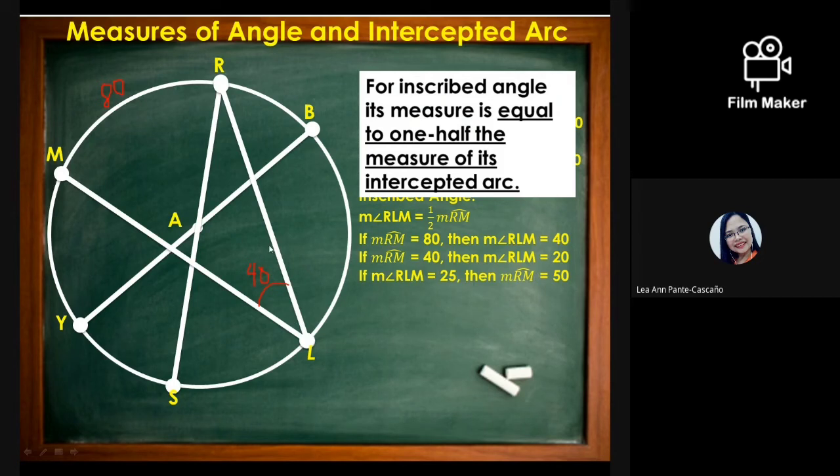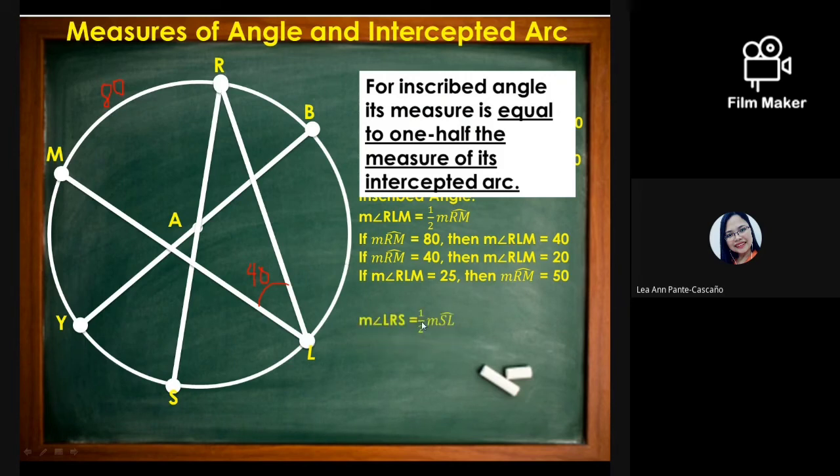Therefore, if this is 10, the arc is 20. If this is 25, this one is 50. If this is 100, this is 200. Okay po? Kung baliktad naman, kung yung angle naman ang hinahanap, i-divide naman natin sa 2. Kapag arc ang hinahanap, i-multiply natin sa 2.